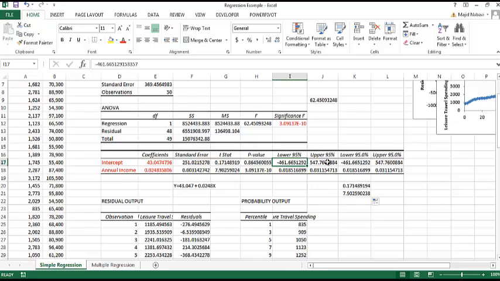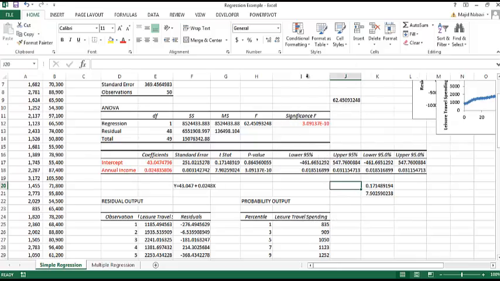Zero is within that interval. And for the annual income coefficient, the X coefficient, with 95% confidence, the coefficient calculated as 0.0248 is between 0.018 and 0.031.